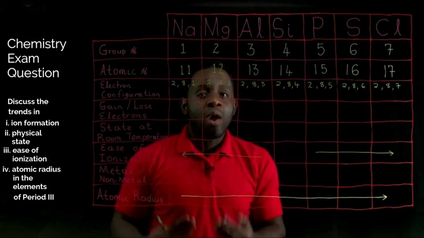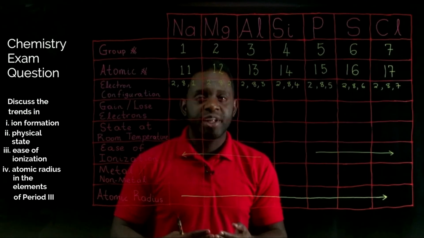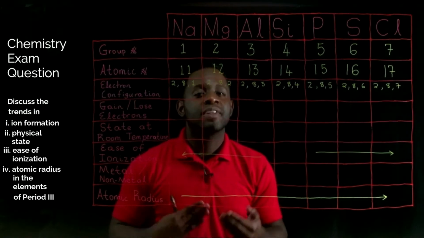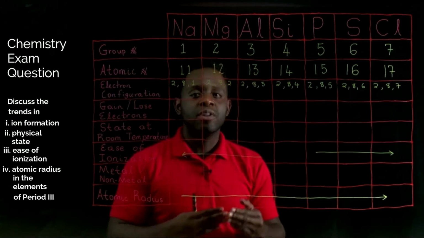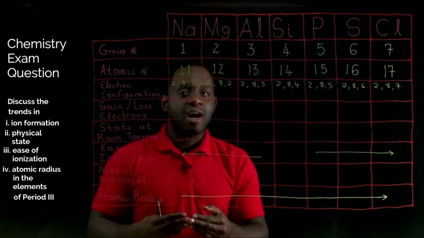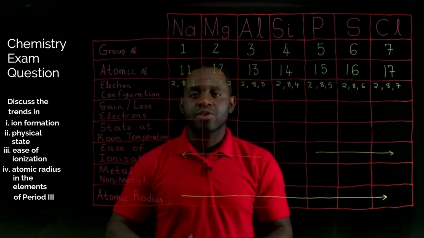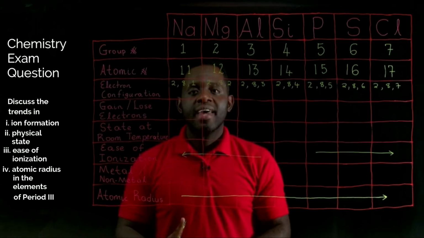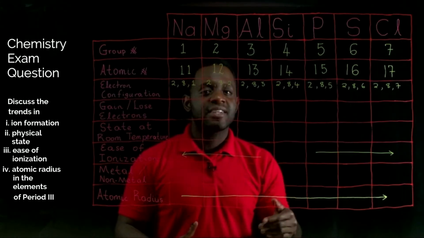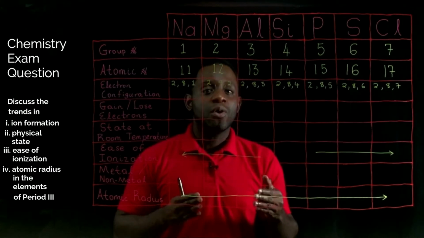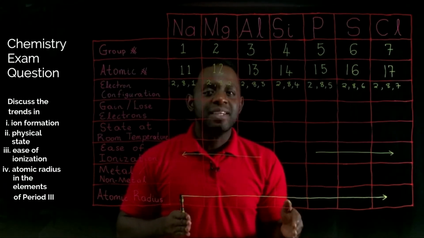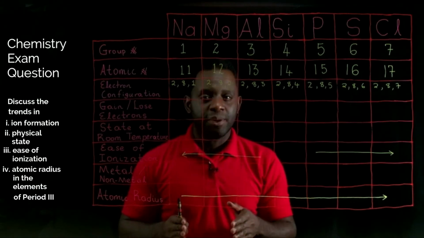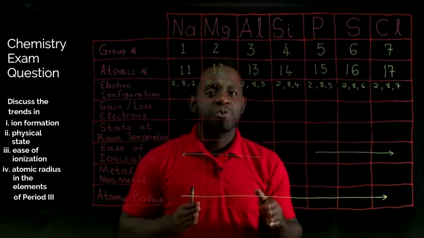And it has only one shell, and that one shell has the maximum amount of electrons it can hold, which is 2. So it has a full outer shell. Neon has 10 electrons, 2 on the first shell and 8 on its second shell. It also has a full outer shell, and that means, like helium, it is unreactive.